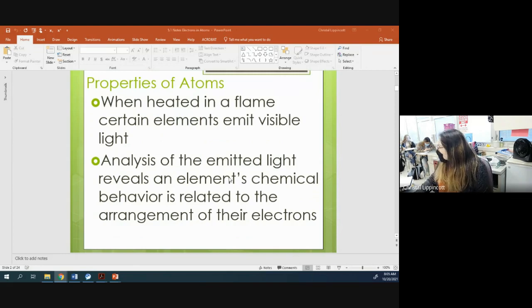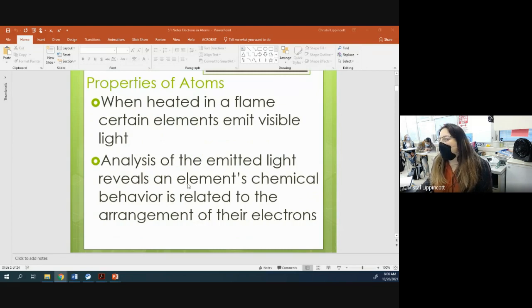Fireworks aren't just one color, they're a whole bunch of different colors, and that's all driven by the types of elements that are in the different fireworks and what light they give off. And it's the metals typically that give you the different colors for those emitted lights. That's typically what they change up in the fireworks, and that's what we're going to change up in your flame test labs.